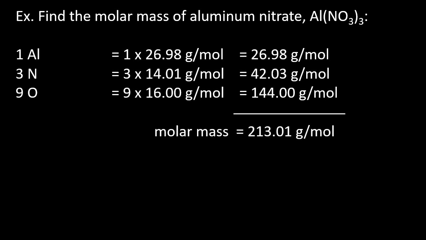Now, your periodic tables have 3 decimal places on the molar masses, and so your answer here would have three decimal places instead of just the 2 that I've got in my note. I was using an old periodic table when I made up this note.